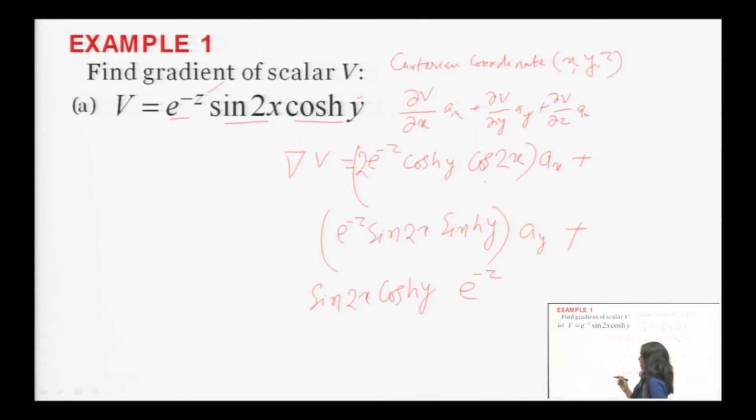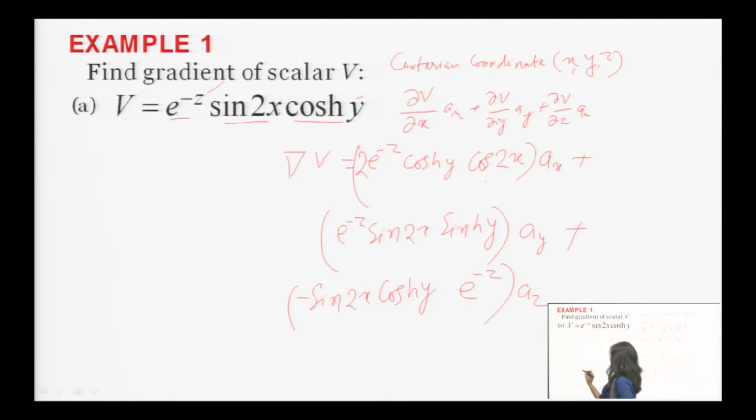However, for the minus 1, a minus sign will come. The whole will be multiplied by the unit vector az. So this is the answer of gradient of scalar V, del V.